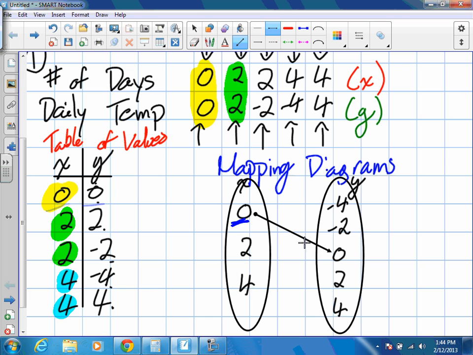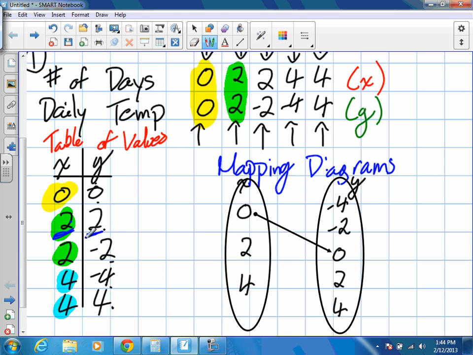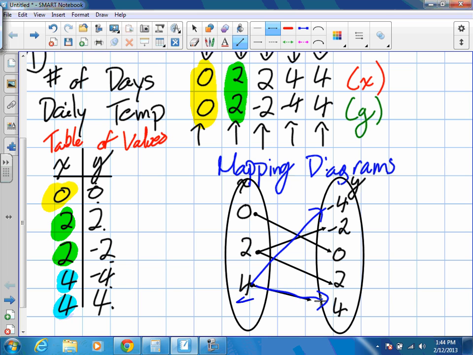It's going to go to the value of 0. The first 2 goes to the value of 2, but the second one goes to the value of negative 2, so we're actually going to have 2 arrows coming from that one x coordinate. And then finally, the same idea is present with our 4s. We know our 4 has 2 values. It's going to go to positive and negative 4, so we're going to use our arrows to represent this.